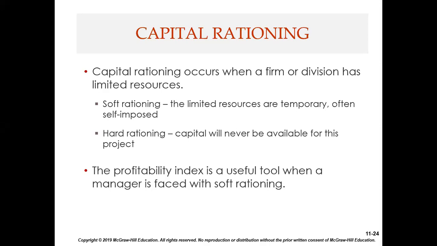So we just want to make sure it's clear that even though our projects might have a positive net present value, it doesn't mean we're going to undertake them, due to the kind of rationing the corporation has. But when we do have these kinds of rationing, especially soft rationing, the profitability index is a great tool to use to determine which project should be undertaken.